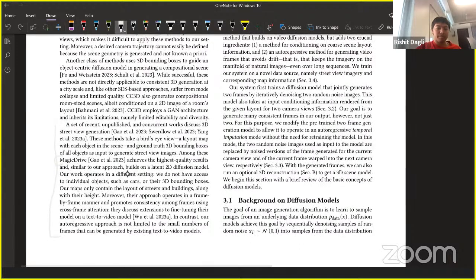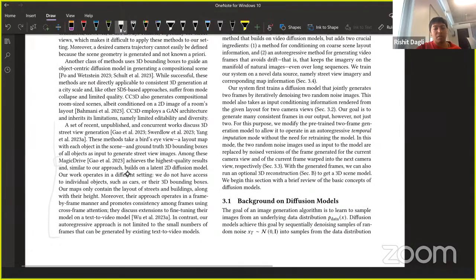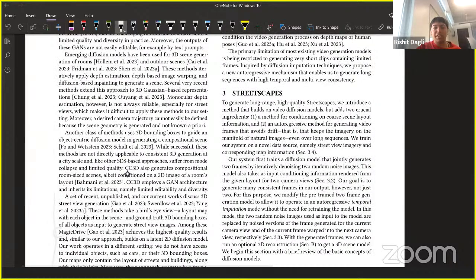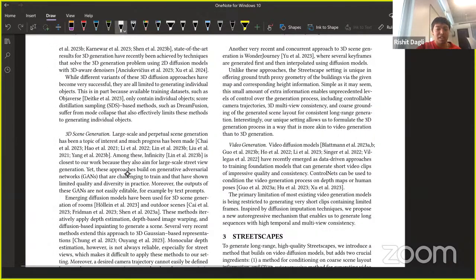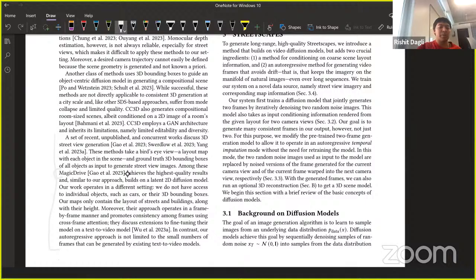And then they also talk about this other work which is very similar, and they also use a text to video model. But essentially, what they do is slightly different.